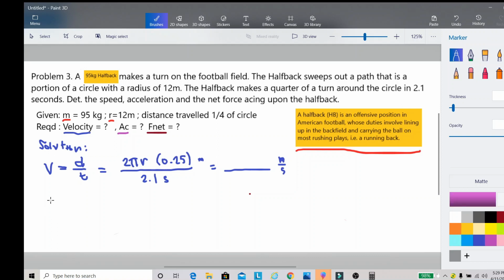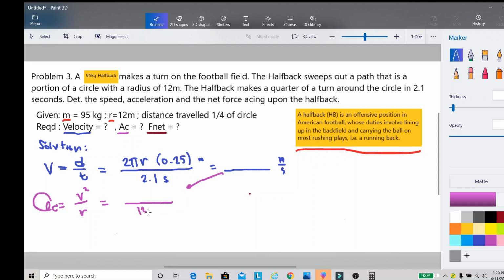Now, upon knowing the velocity, we can compute for the acceleration. That is a centripetal acceleration, of course. That is actually v squared over r. So whatever is the value of this v squared will be going here, and that will be divided by r. What is r? r is 12 meters.